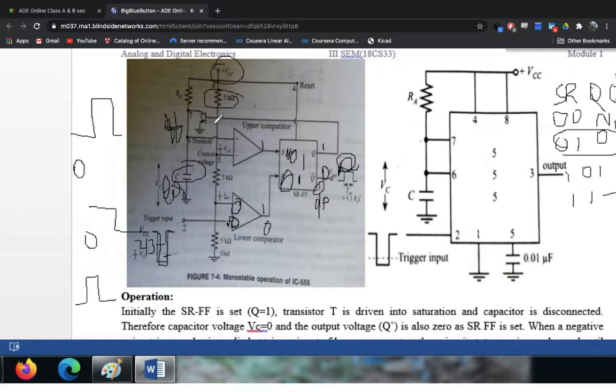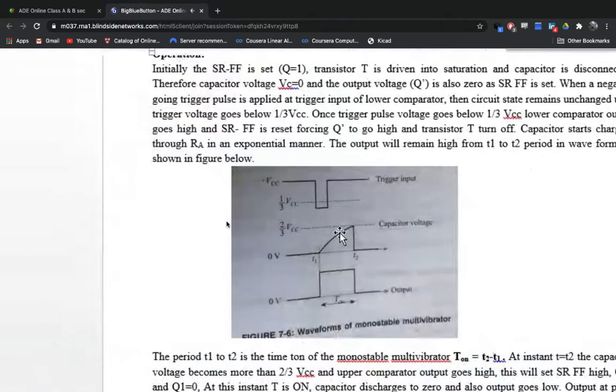Capacitor stops charging, and because this transistor is on, the capacitor starts discharging, and we got the output. This same story will repeat when you apply the next pulse. So this is the circuit diagram, this is the internal schematic diagram, and this is the output. These three diagrams you have to write if they ask.